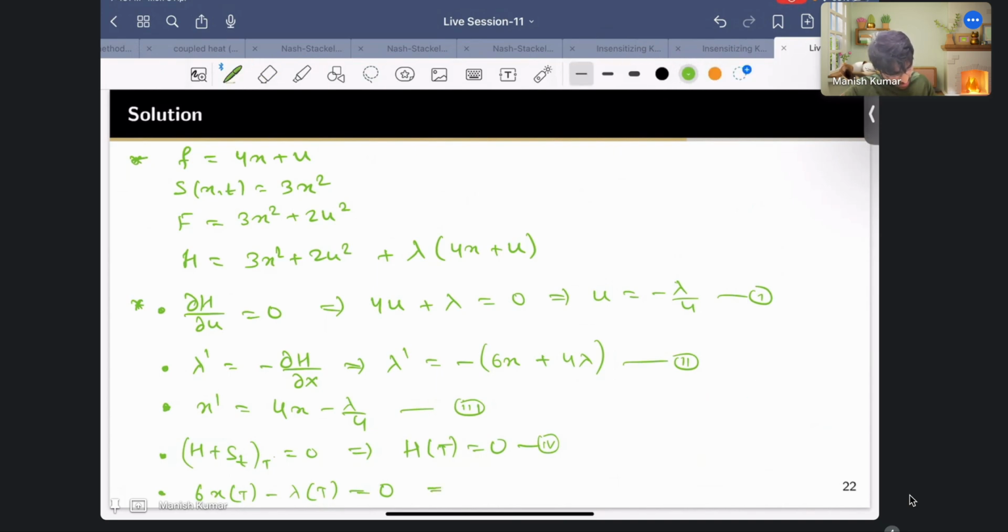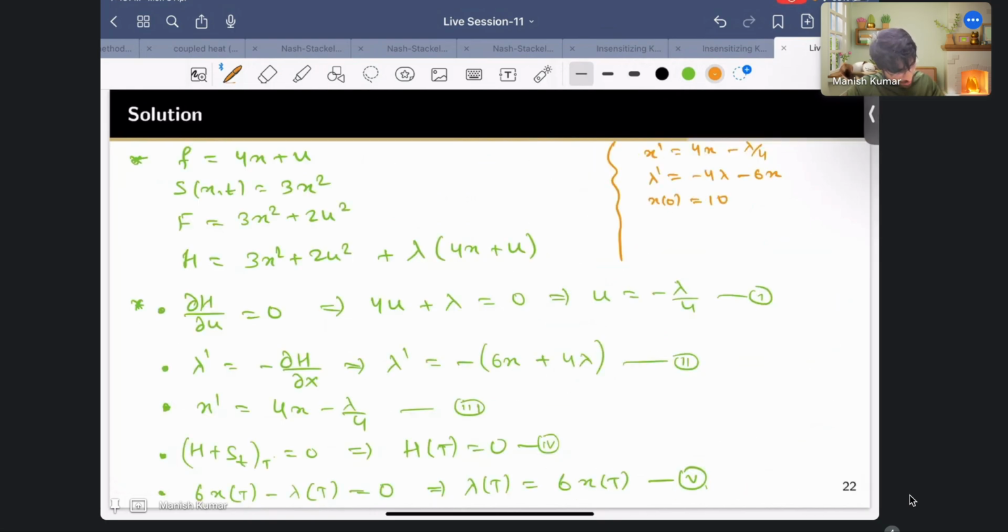Okay, so you got from here that lambda at T is equal to 6x at capital T. So again you see, you have this system, right? x prime equals 4x minus lambda upon 4, and lambda prime is equal to minus 4 lambda minus 6x, x at 0 is given to be 10.